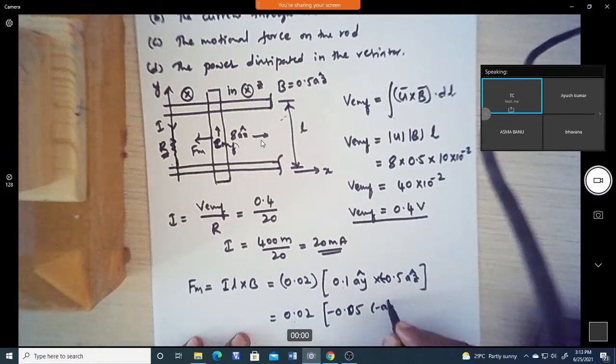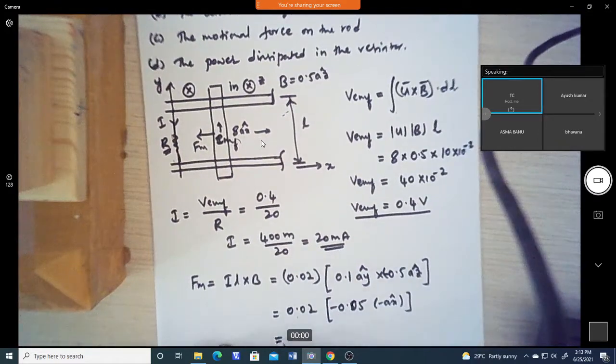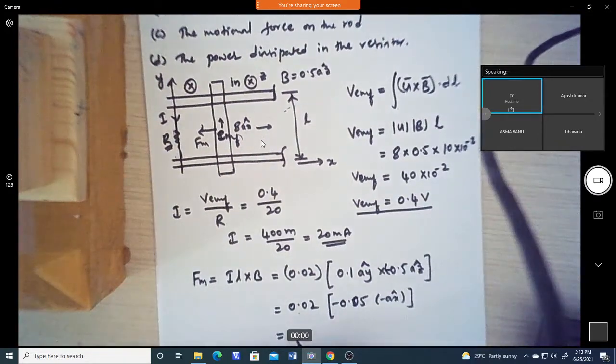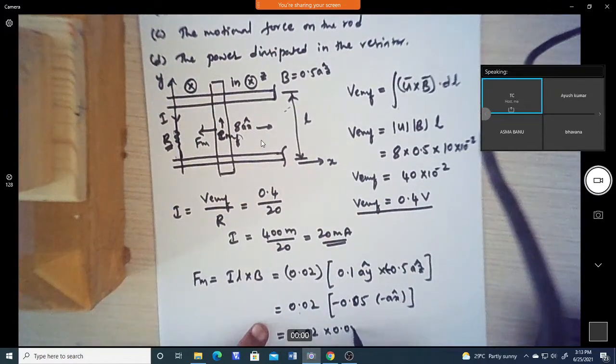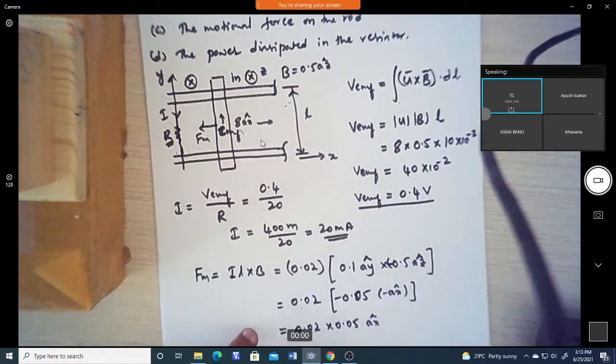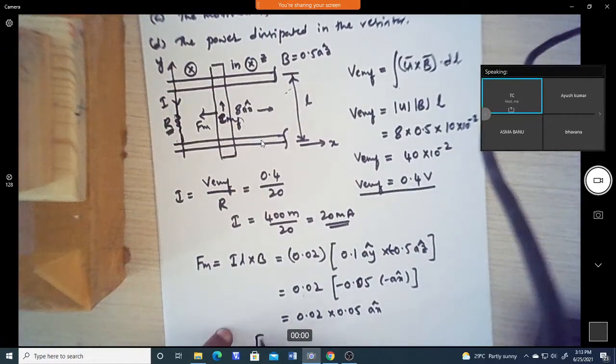Okay, so this is what you will get. That is 0.02 into 0.05 in the direction of AX. So now we can find out what the force is.